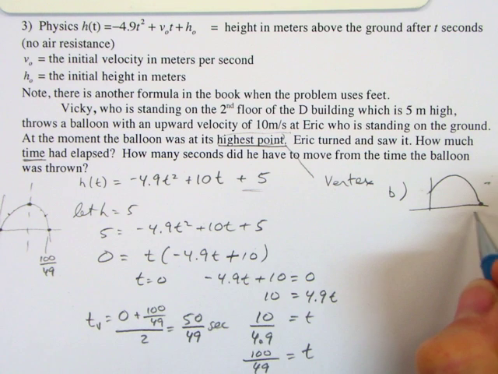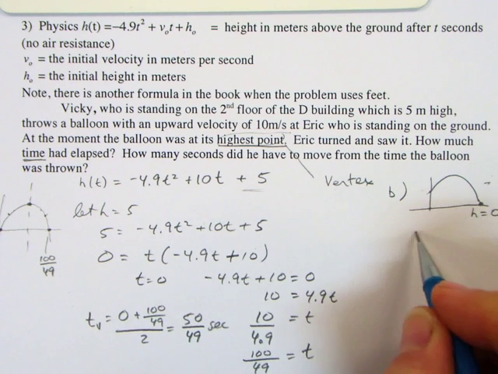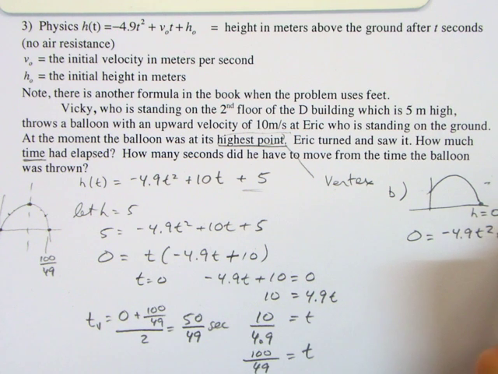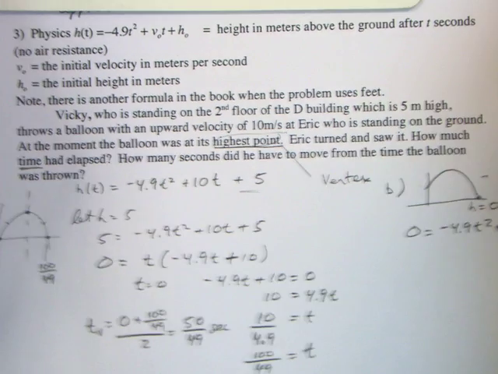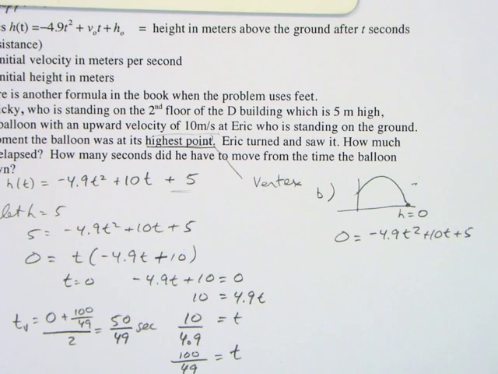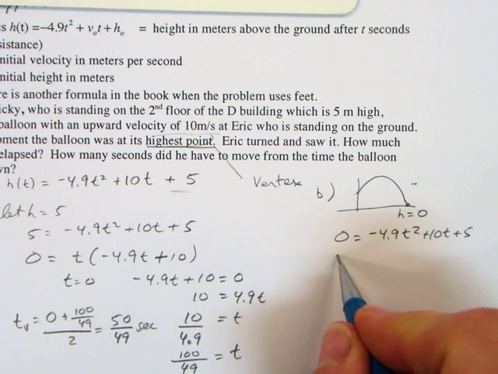So what is the height when it hits the ground? It is 0. So 0 equals negative 4.9 t squared plus 10t plus 5. Now, how do you go about solving that? Let me move this over so you can see it. Doesn't look like it's a nice thing to factor, so let's use the quadratic formula.